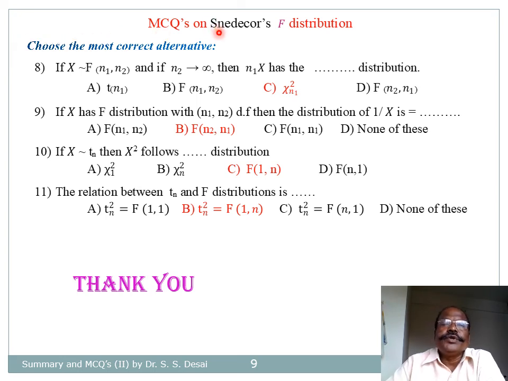Continuation of MCQs on the F distribution. If x follows F distribution with n1, n2 degrees of freedom, and if n2 tends to infinity, then n1 into x has a chi-square distribution with n1 degrees of freedom. If x has F distribution with n1, n2 degrees of freedom, then the distribution of 1 by x, by the reciprocal property, is F with n2, n1.